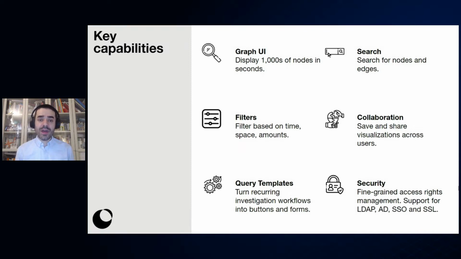And finally, all of that comes in a very secure environment where you can manage access rights for your nodes, for your relationships, and put in place advanced authentication mechanisms. So that's really what Linkurious Enterprise offers to help teams and analysts throughout the world uncover insights from Azure Cosmos DB.